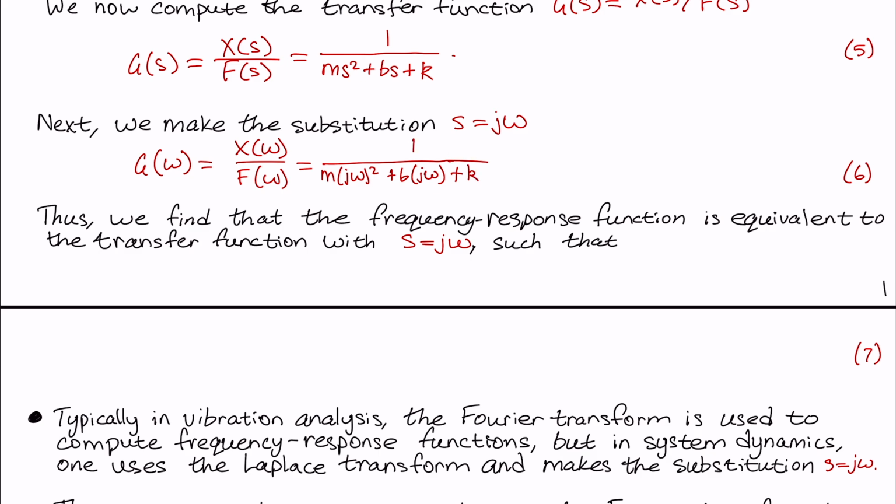And then what we'll end up with is that G of omega is equal to 1 divided by k minus m omega squared plus j times b omega.